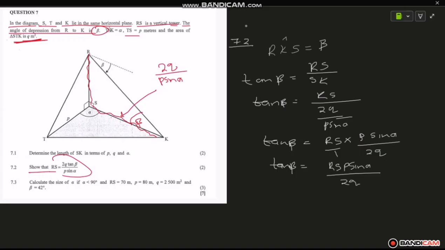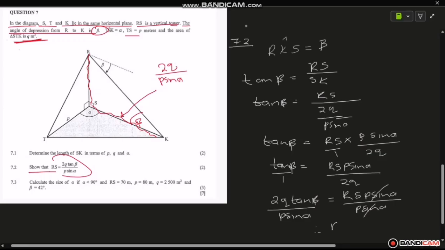Therefore, we cross multiply so you can make RS the subject of the formula. So it's going to be 2q tan B equal to RS p sine alpha. Then let's make RS the subject of the formula by dividing by p sine alpha both sides. Then they cancel.